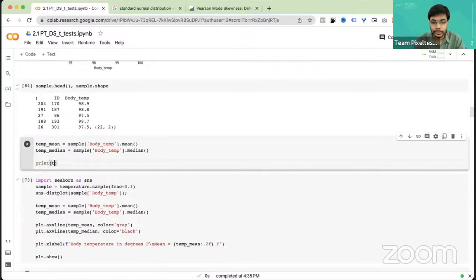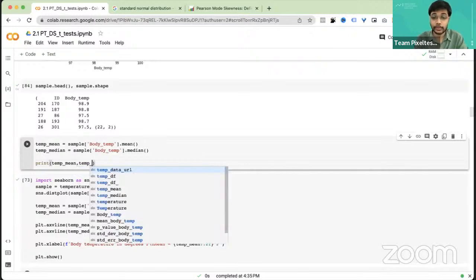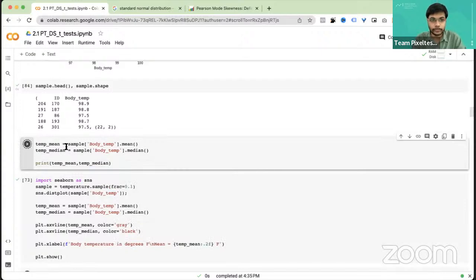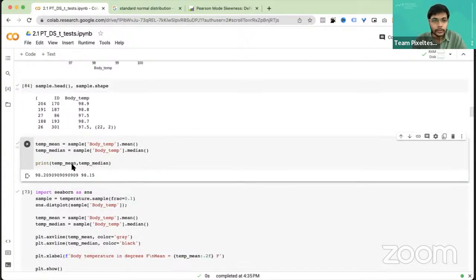Print temp underscore mean, comma, temp underscore median. Okay, so now you can see that for this particular sample, the mean is 98.2, and this is slightly higher than the median, 98.15.